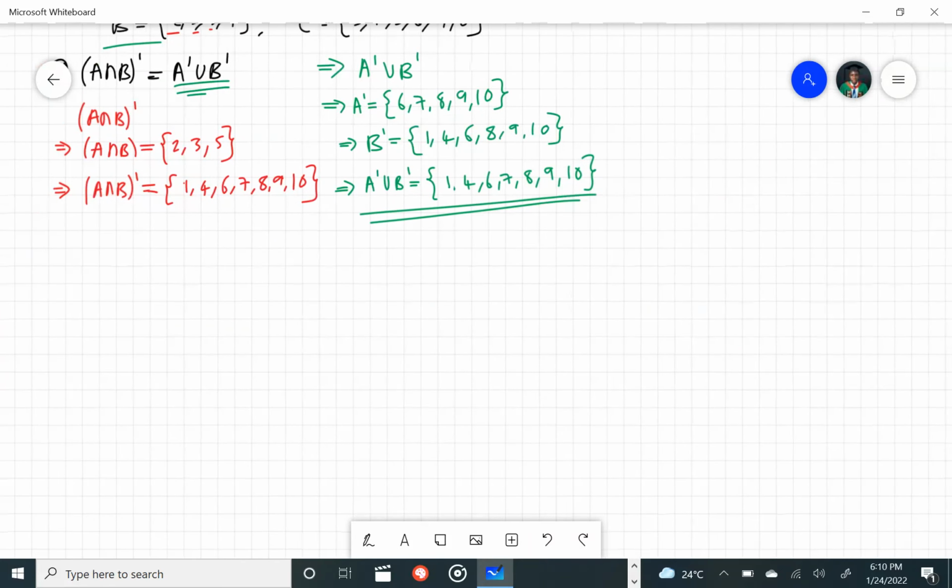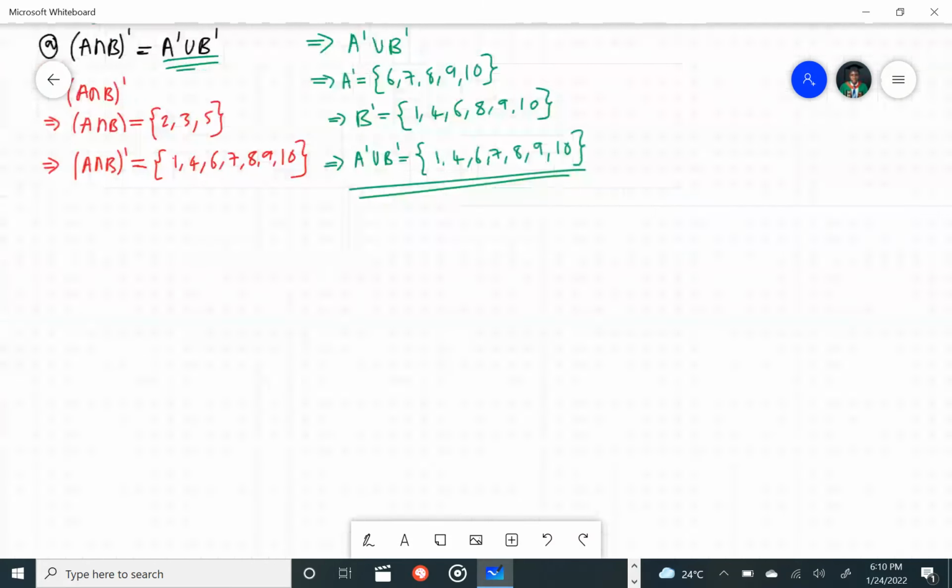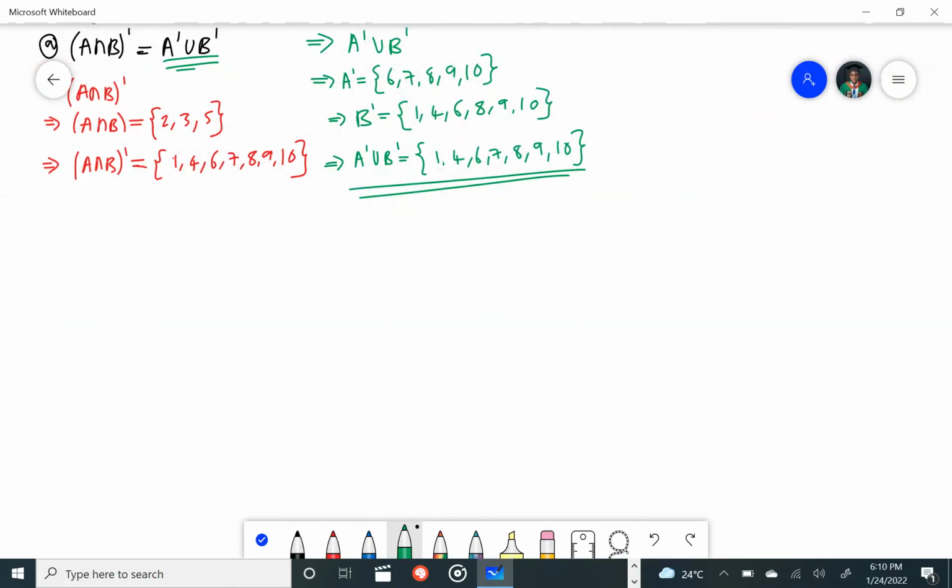So now the other law that we'll be verifying will be the distributive law. So let's use blue for this one. So okay, for the distributive law, let's do that.